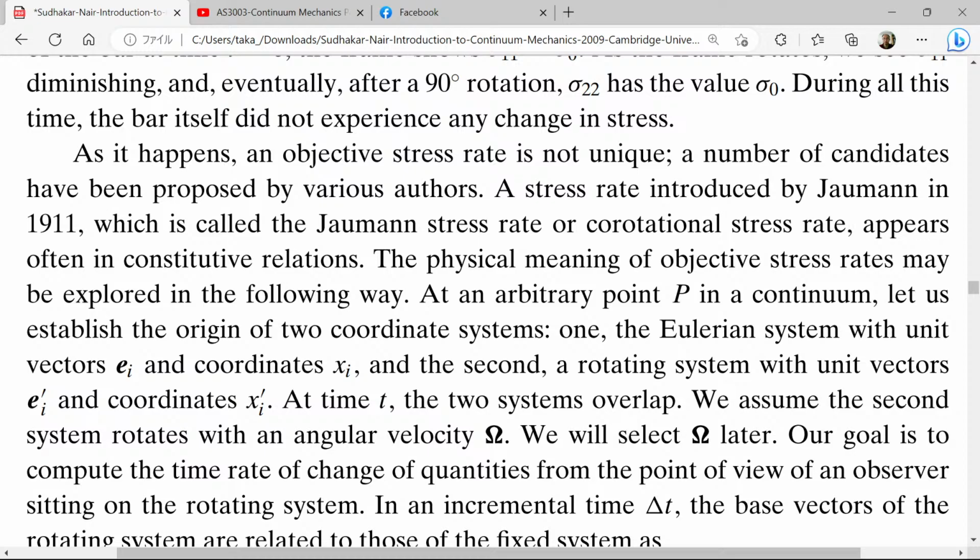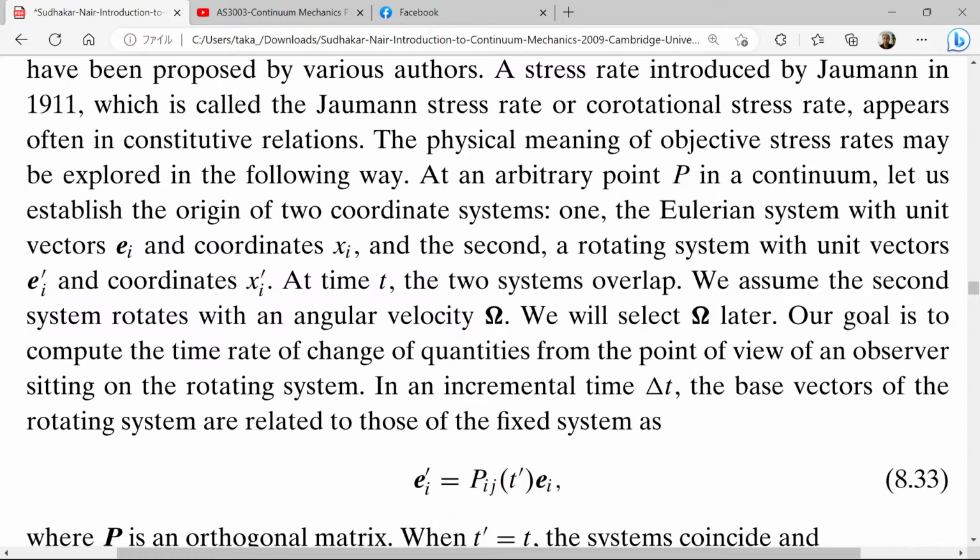A stress rate introduced by Jaumann in 1911, which is called the Jaumann stress rate or corotational stress rate, appears often in constitutive relations.